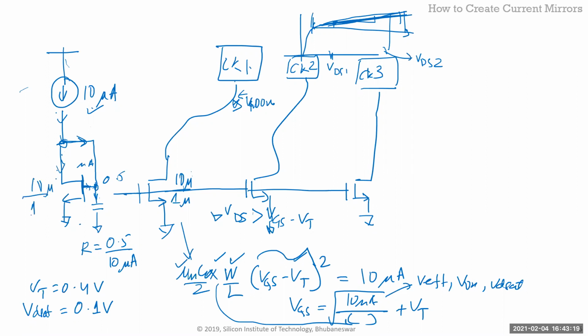For a 10 by 1, I just made it up, I don't know if that's true, 4.18. I'm just saying if it was true. This is 10. This is 10, right? And it just stops because the cap is charged to VGS. Obviously, the cap will start leaking a little bit, but then it'll just provide it back again. And the cap will just add the CGS. This is CGS, right?